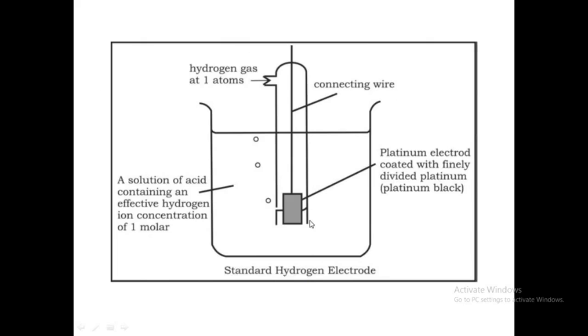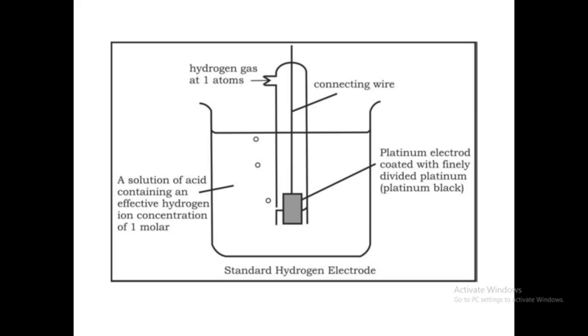and this one is the standard hydrogen electrode. In this case, 1 molar hydrochloric acid is used as electrolyte. The wire is platinum wire coated with platinum black. Hydrogen gas is bubbled at 1 atm pressure, and the potential which is developed in the half cell at any temperature is 0 volt.